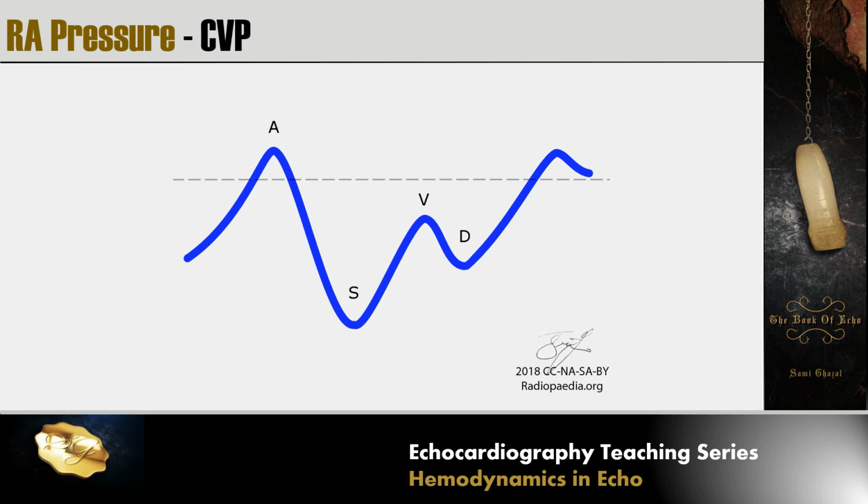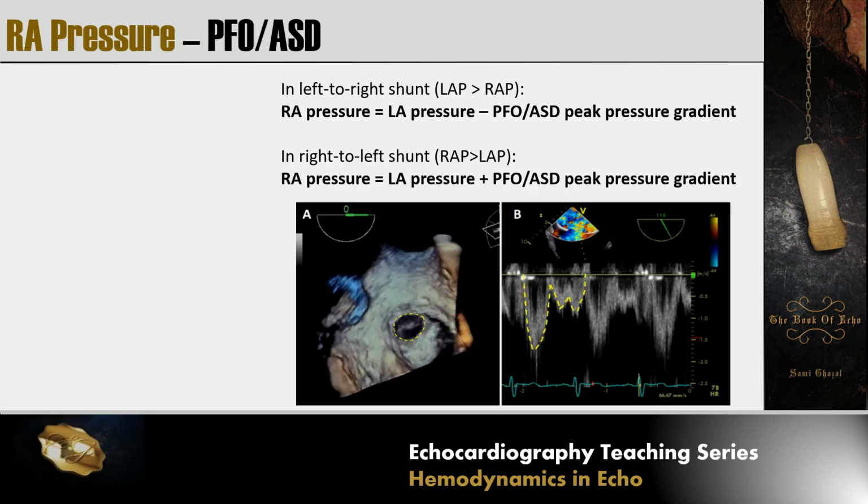Also, the RA pressure can be measured invasively, like in the case of intensive care, where there is a catheter to measure the central venous pressure. It can be used as an estimate for RA pressure. RA pressure can also be measured if there is a PFO or ASD, given that we know the LA pressure.